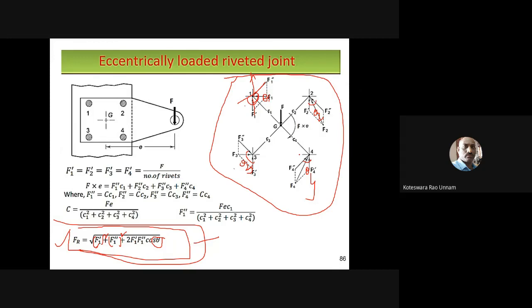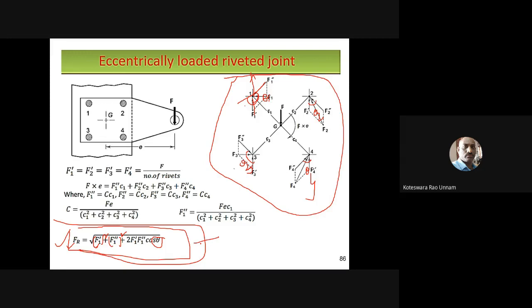But suppose here there are 4 rivets, then it's okay. You need to compute only 4 forces. Suppose I have 10 rivets in the system, then you need to compute the theta value for all 10 rivets, then apply this formula to compute FR for all the 10 rivets, then pick the maximum value. So that is going to be a somewhat tedious process.